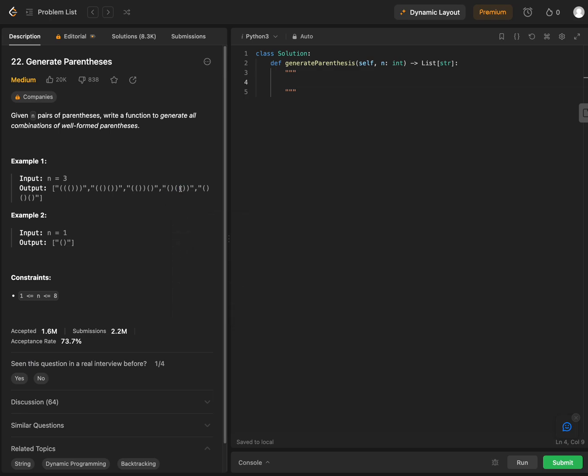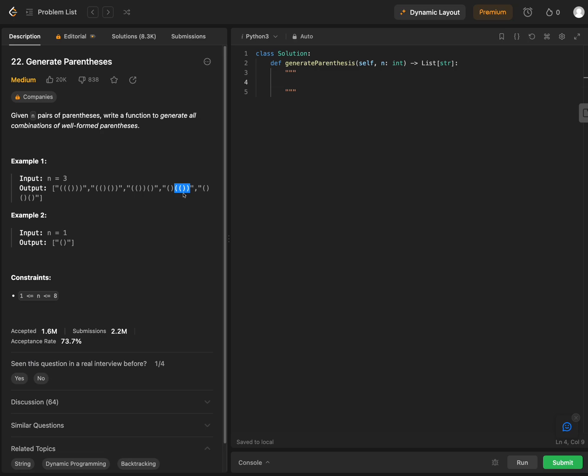You can build this with a double. Interesting.